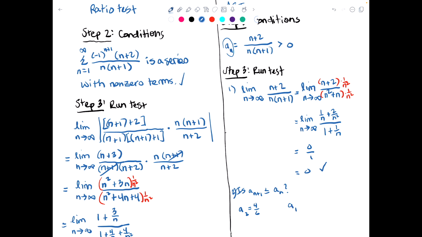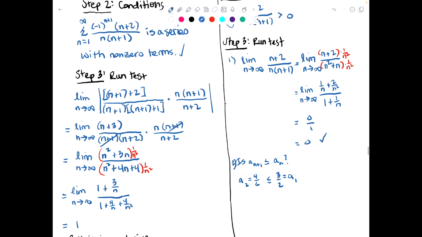A1 is going to be 3 halves. So 4/6 is certainly less than or equal to 3 halves. Let's see if the trend continues.